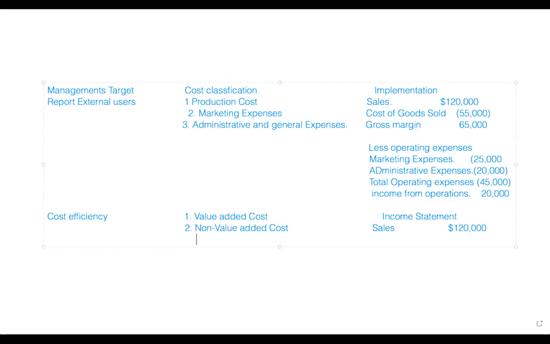So the value added cost could be 70,000. So how much is the profit in here?